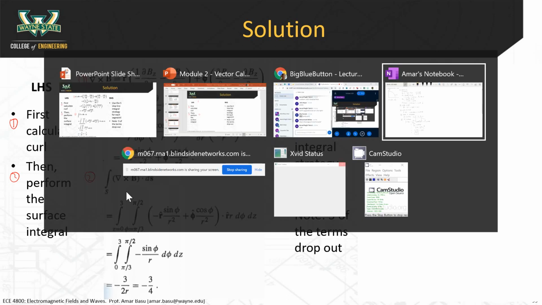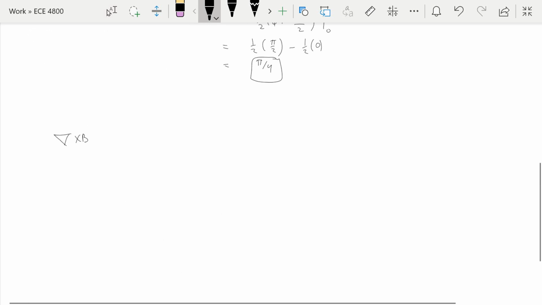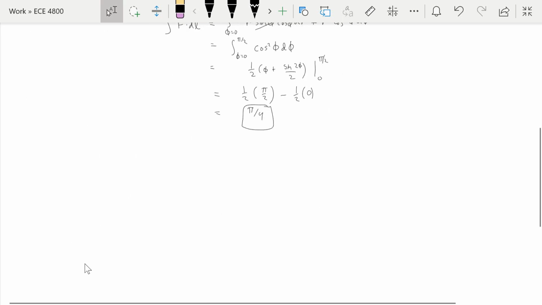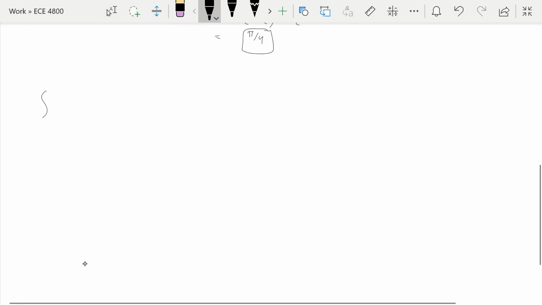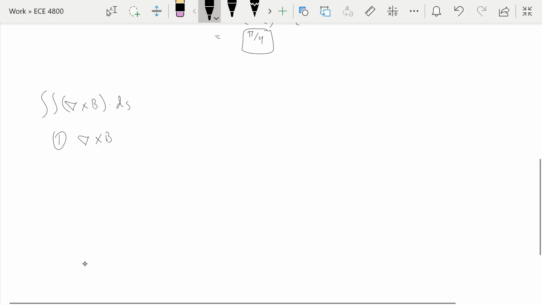So we want to find the integral of del cross B dot dS. Our step 1 is del cross B, and that del cross B is given here, sine phi over r squared.